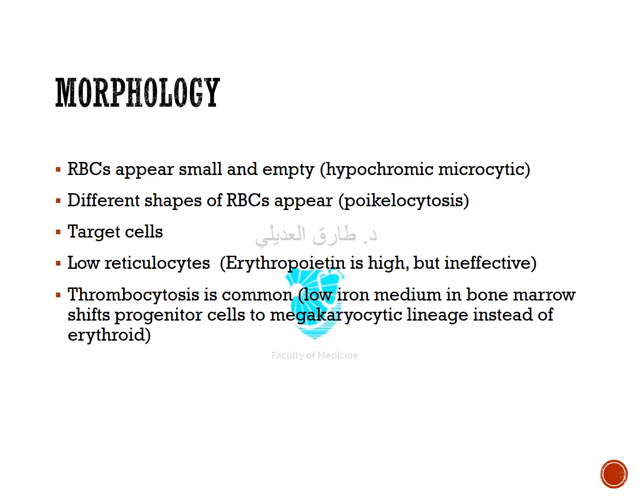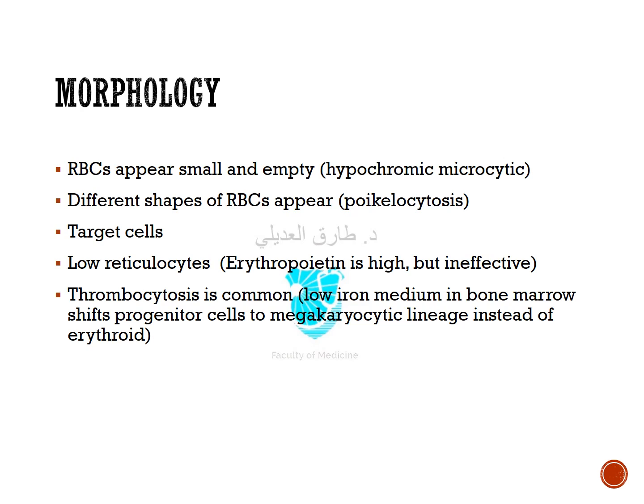Low reticulocytes: in all the categories we talked about with decreased and diminished production, the reticulocyte count will be low. Although the erythropoietin is high as a result of the anemia, it is not effective. It cannot activate RBC production.